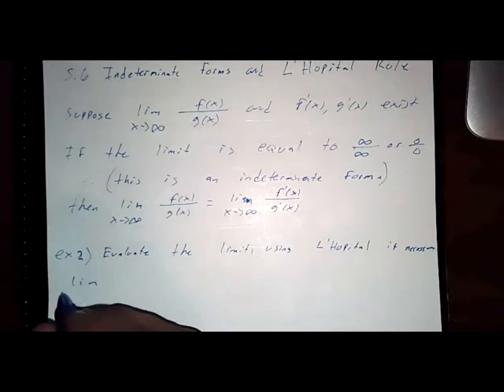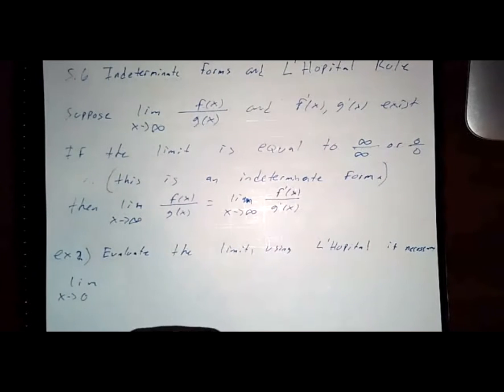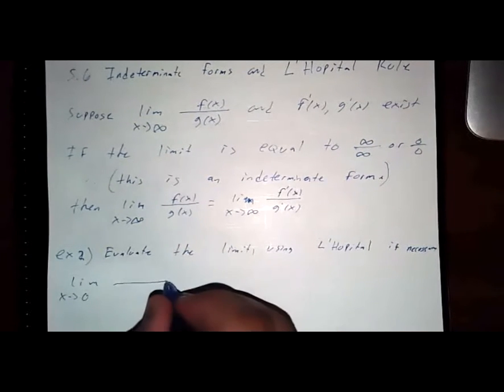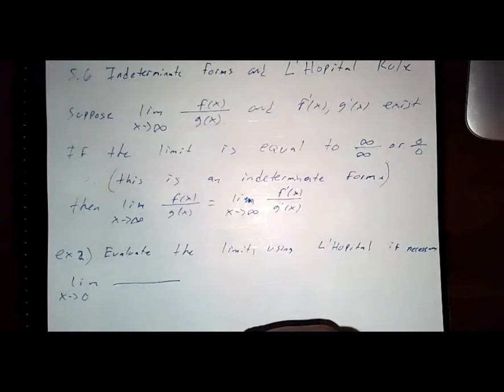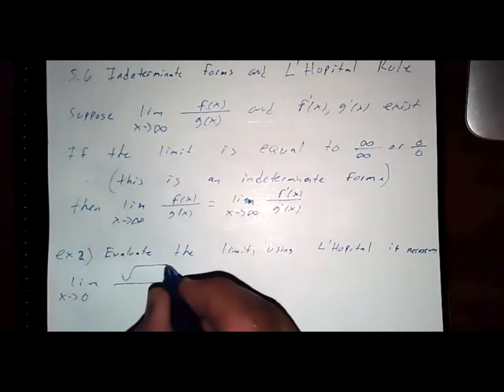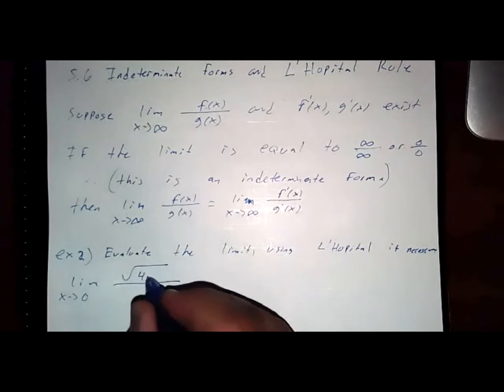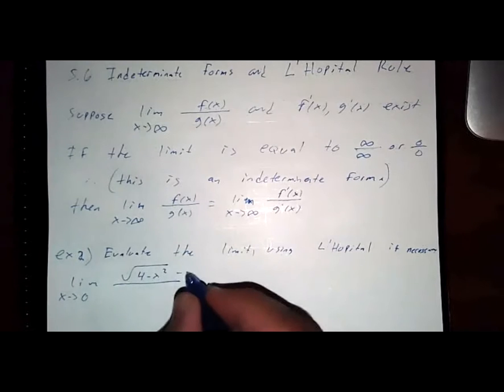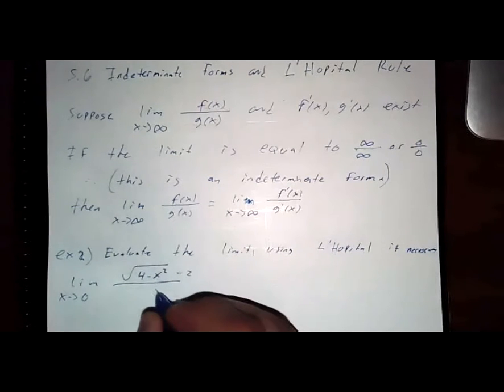So the limit as x approaches 0 of the square root of 4 minus x squared, minus 2, over x.